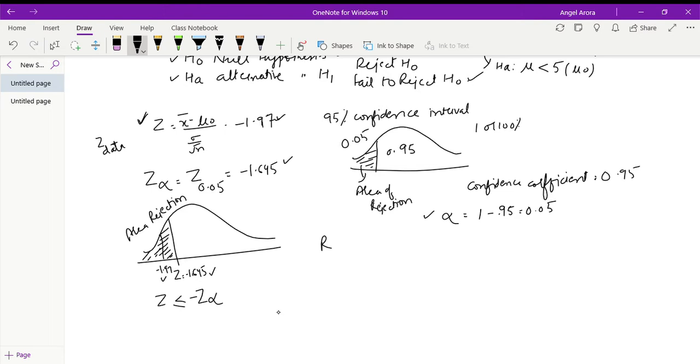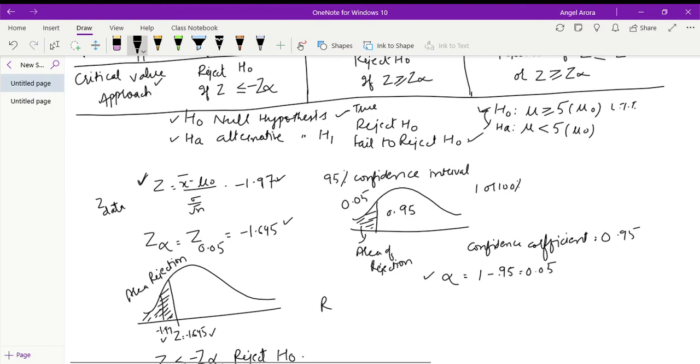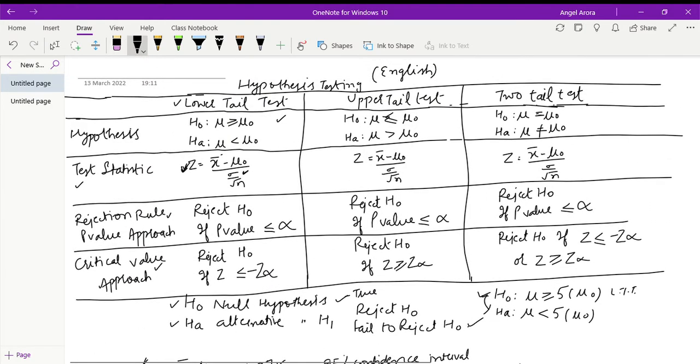So on the basis of this we can reject the null hypothesis, and this was our critical value approach. Reject the null hypothesis if z is less than or equal to minus z alpha. If z comes out to be negative, then z alpha will also be negative. So the simple funda is, if z falls under the rejection area, we will reject the null hypothesis.